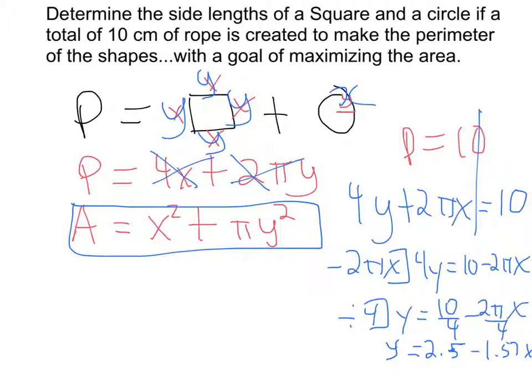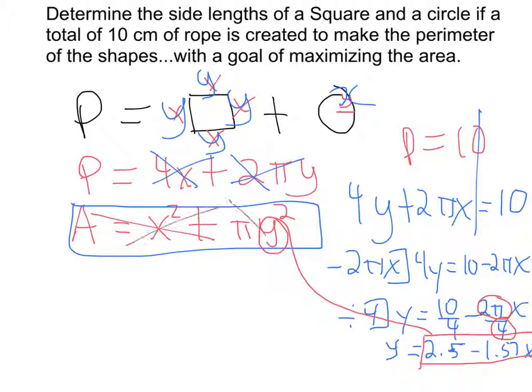Okay, let's think about that for a second. Where does that 1.57x come from? 2 times 3.14 divided by 4. Okay, so there's my equation for y. This y can now be brought up and be placed right there. Oh, except that, whoops, I need to rewrite this equation because this equation is now wrong. I need to write it as a equals y squared plus pi x squared.